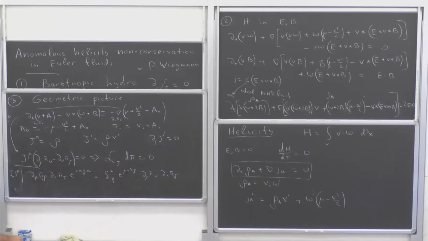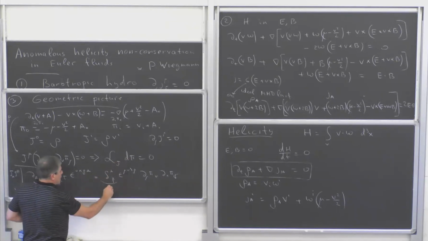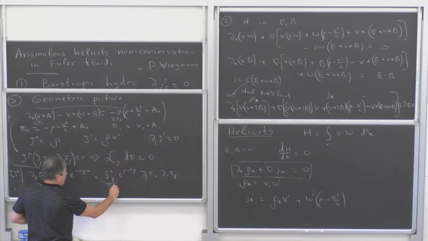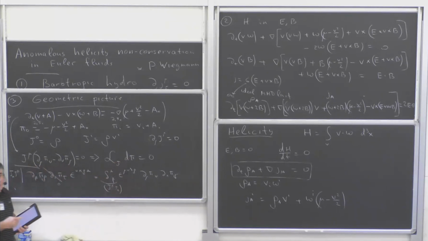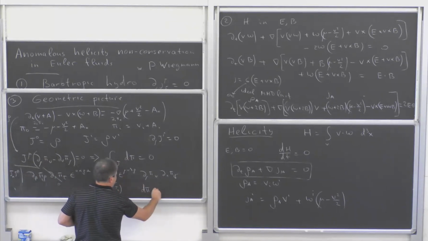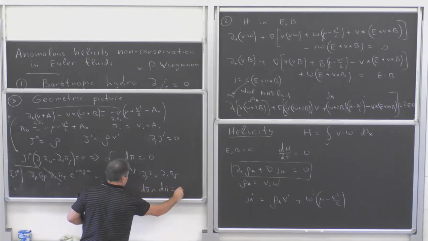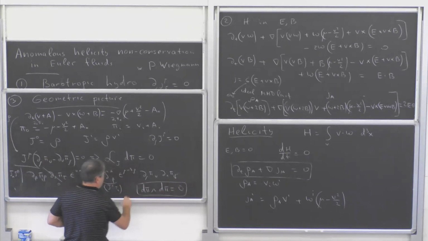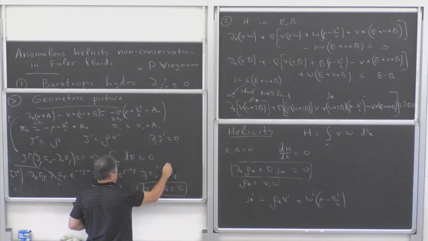So the left-hand side is 0. And the right-hand side produces here j squared, j alpha. And the current squared is never 0. It has density in it and so on, which means that d pi is 0. Or if you want, this thing is 0.